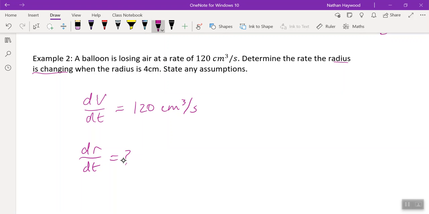Radius is changing as time. So dr dt is what it wants. Is there anything else we know? It says state any assumptions. Perfect. So we assume it's a sphere.